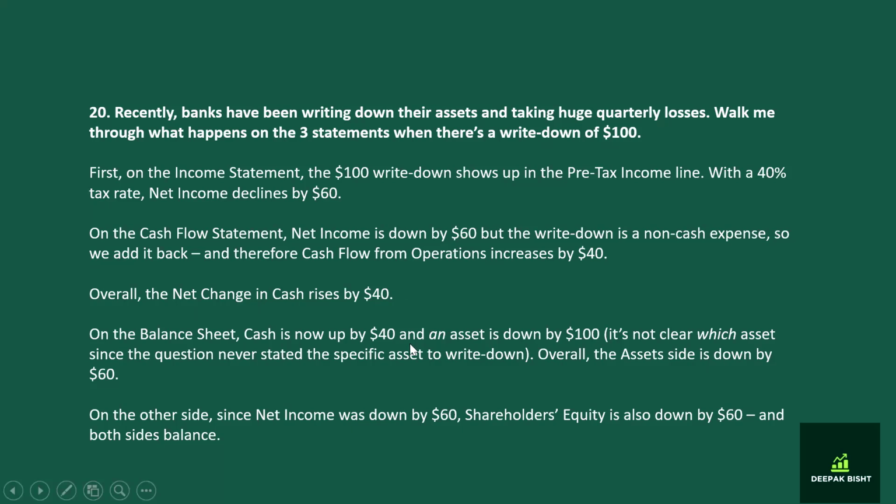On the balance sheet, cash is now up by $40 and assets are down by $100. It is not clear which asset. Overall, the asset side is down by $60. So I am assuming PP&E again.